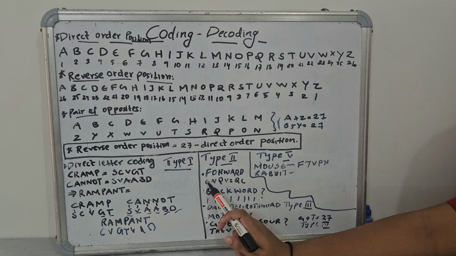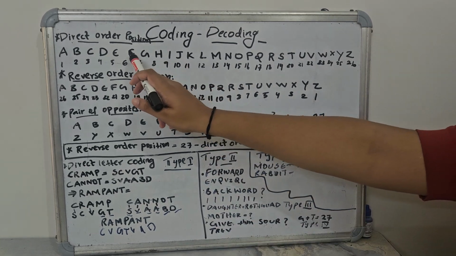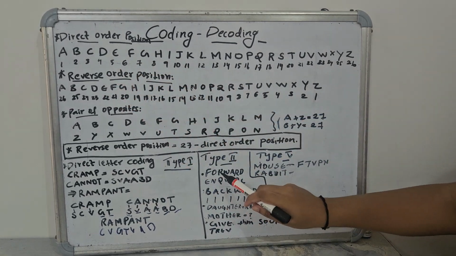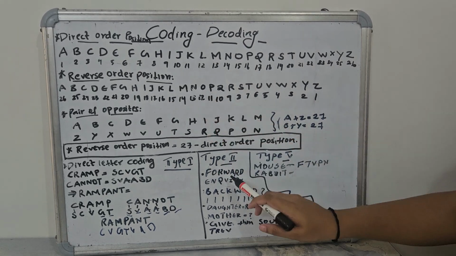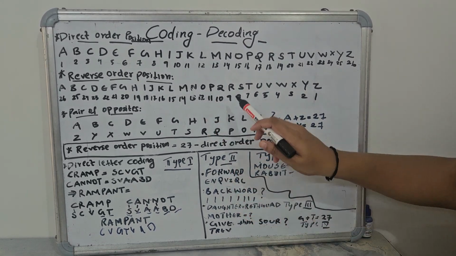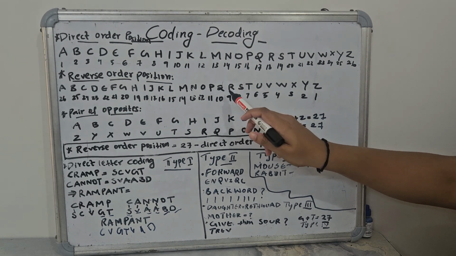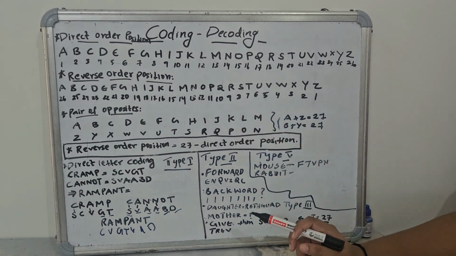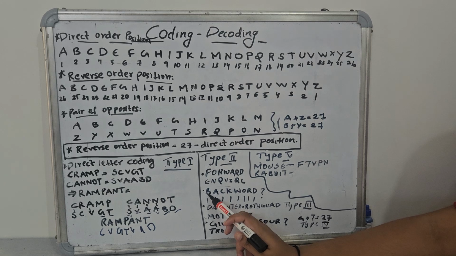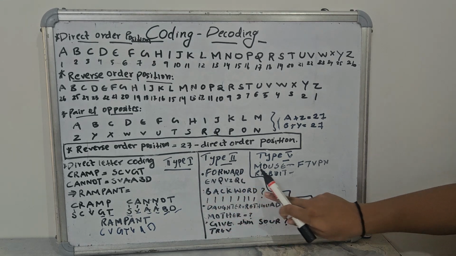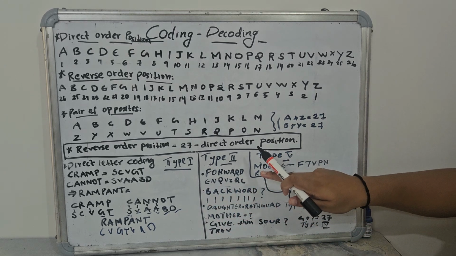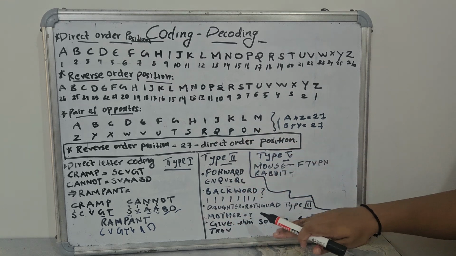F minus 1 is E, O minus 1 is N, R minus 1 is Q. So just one position is subtracted. B minus 1 will be A, A minus 1 will be Z, C minus 1 will be B. You have to complete the pattern by subtracting one position in that way.